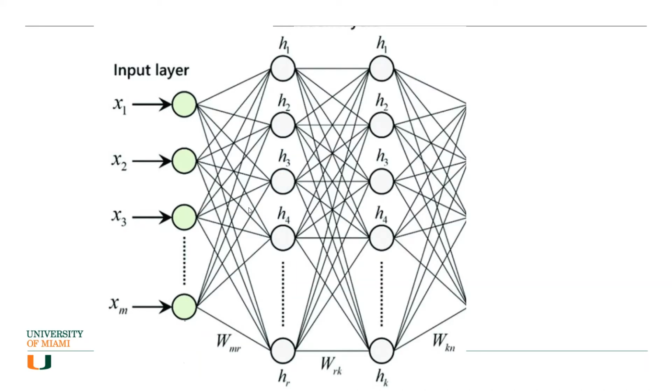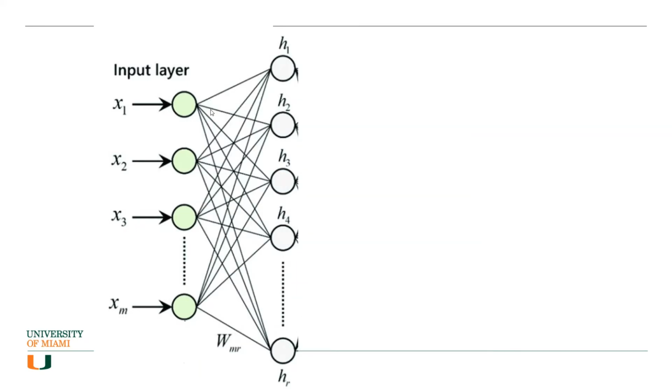And the second one is the type of the connections between the nodes. So the number of arrows that go from each node in the input layer to each node in the next layer. What we're going to do is exactly model what you see on the screen, which is a dense network, meaning that there is a connection between every node in the input layer and every node in the first hidden layer.